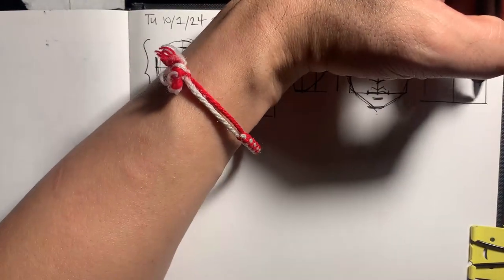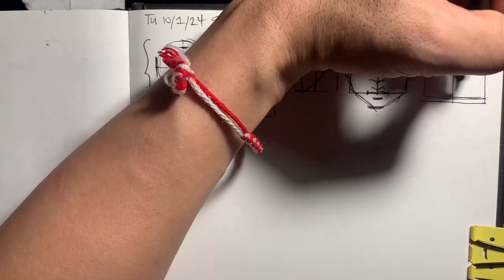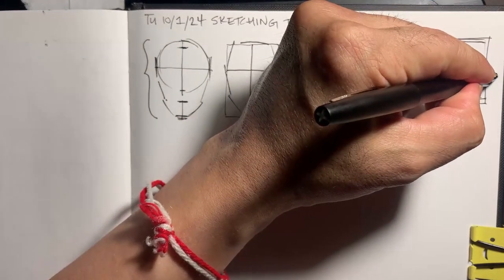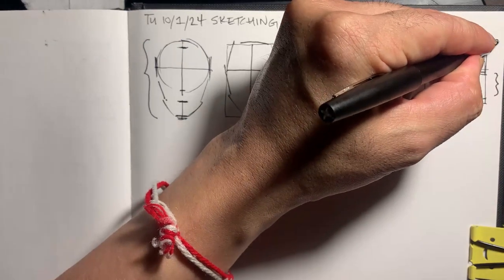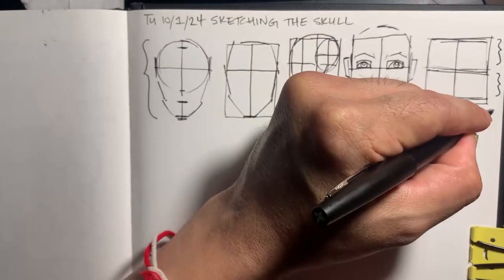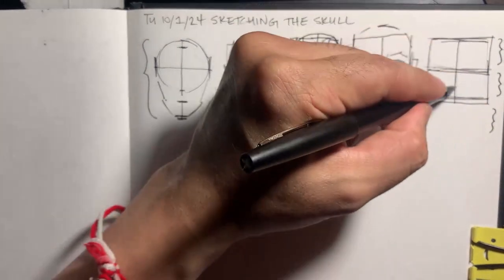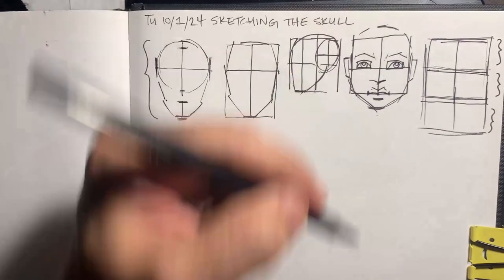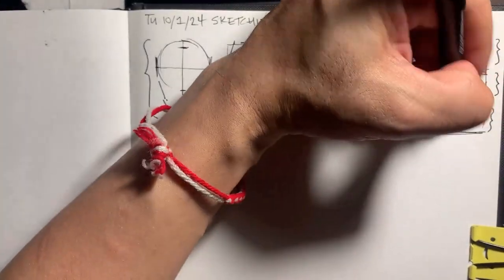And then if this is thirds right here, this is equal to that, and then we'll do another one that's equal. So you have thirds.